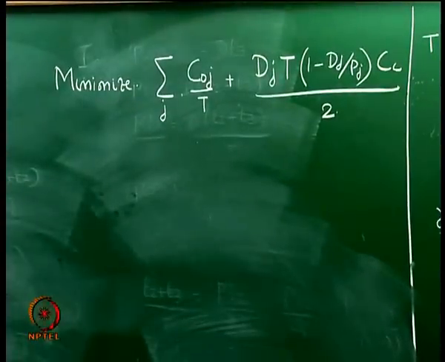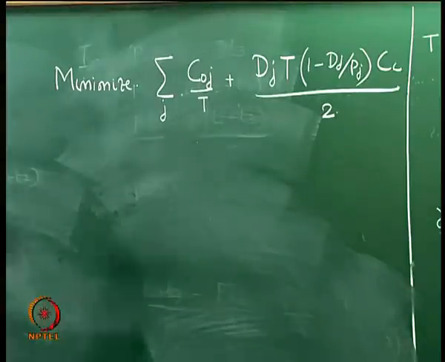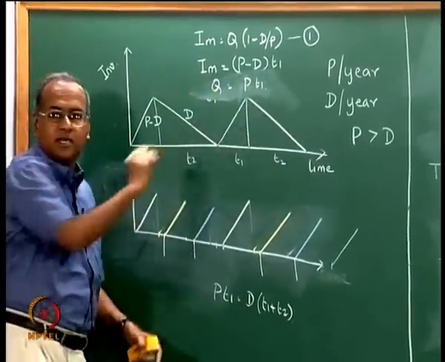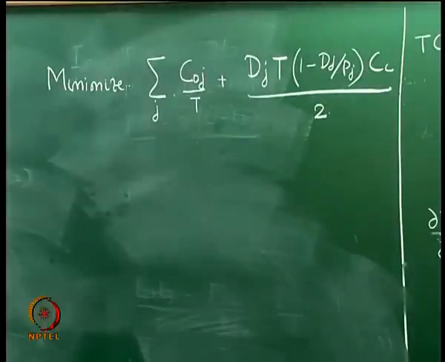So, we want to find a T such that we minimize this. Actually, we observe that what we have written here is very similar to normally writing D by Q into C naught plus Im by 2 into CC. That is what we have done here, except that we have written it in terms of capital T.